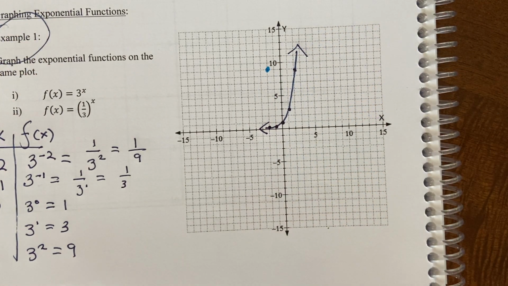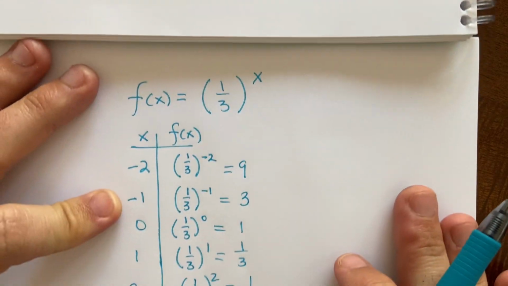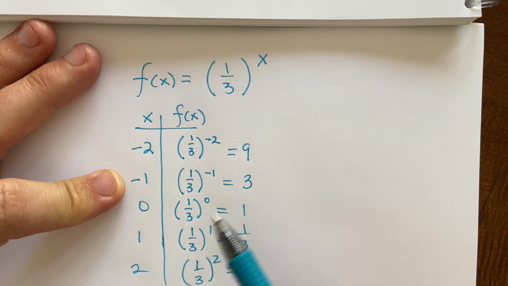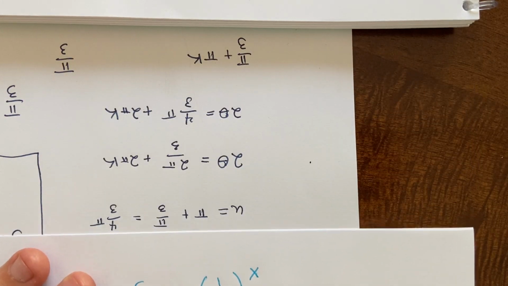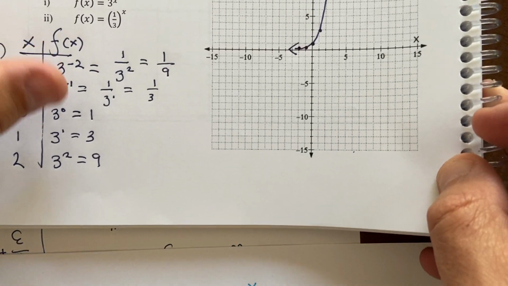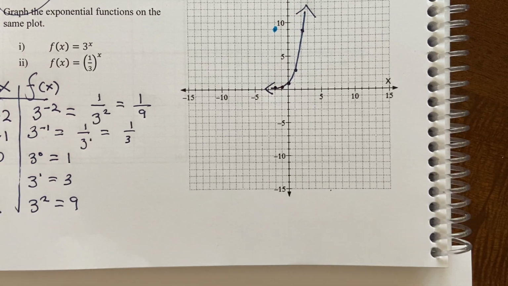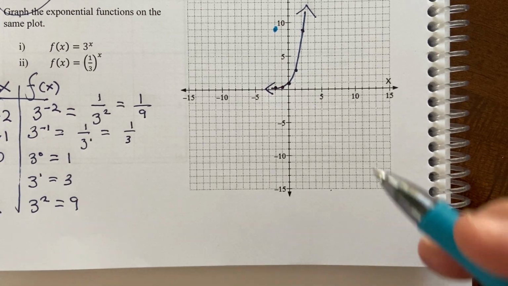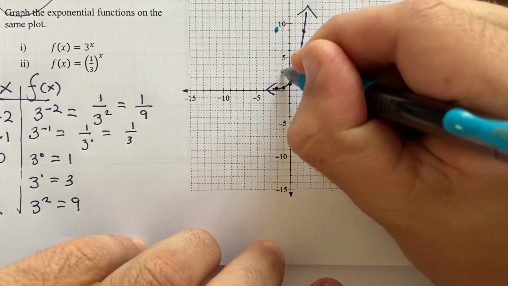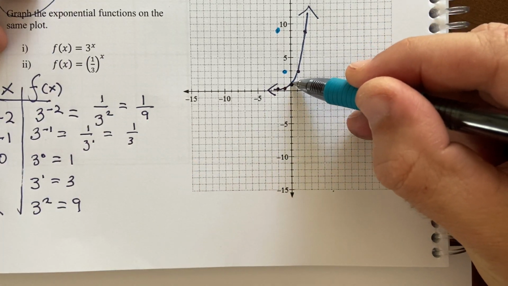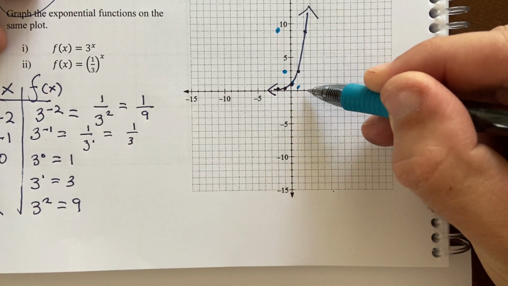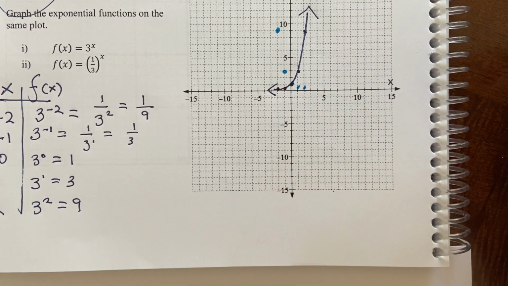Sorry, -1 and 3, right? I'm looking at these values down here, but I'm not able to get those in the screen at the same time as the graph. This is one of the fun things about doing this. -1 and 3, 0 and 1, 1 and 1/3, 2 and 1/9.